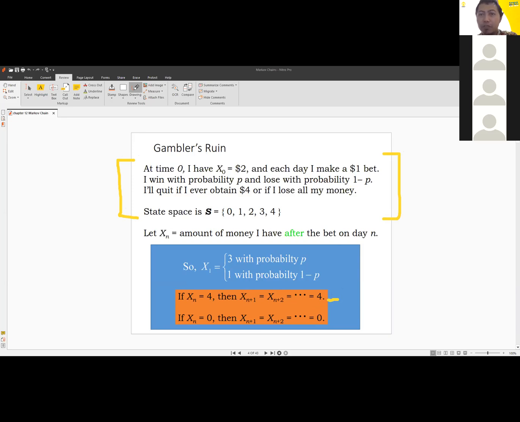I'm thinking about modifying the problem. Please try. For example, if I change this one to 2, so each day I can make a bid of $2. Please define the possible states here. Write your answer in the chat box.